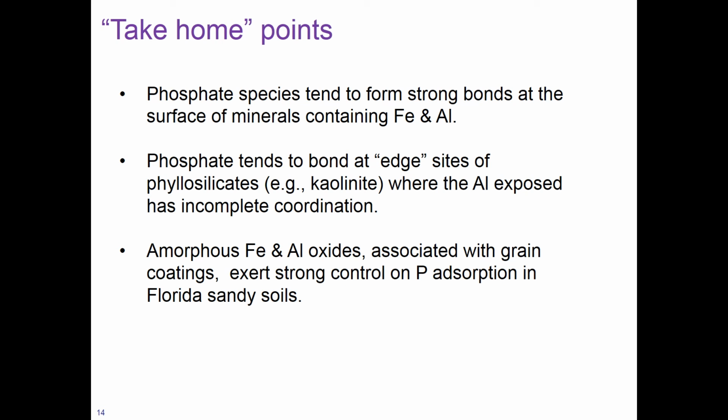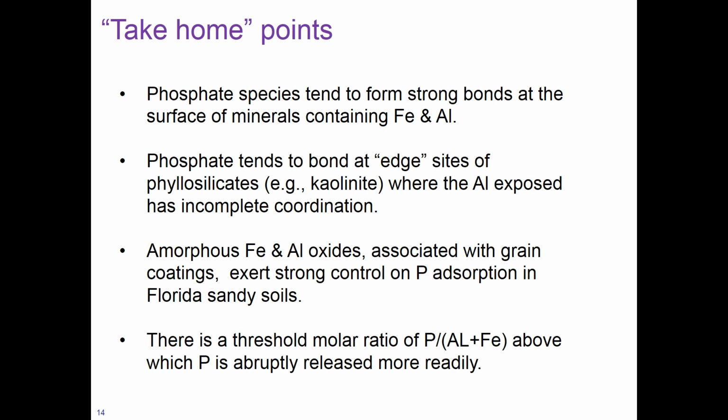Amorphous iron aluminum oxides associated with grain coatings exert strong control on phosphorus absorption in Florida sandy soils. And there is a threshold molar ratio of extractable phosphorus to extractable amorphous aluminum and iron, above which phosphorus is abruptly released more readily.